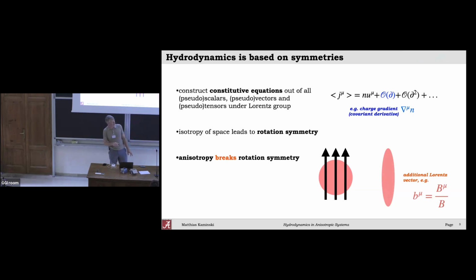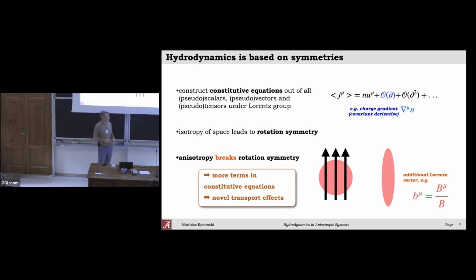So you could define a normal vector in the direction of the anisotropy. For example, if this is a magnetic field, you could define this unit vector as b^mu divided by b, the 4-vector of the magnetic field divided by its magnitude. And that is a new piece of Lego that you can put into your constitutive equations or generating functionals. That will lead to more terms in constitutive equations, and in consequence to new transport effects.